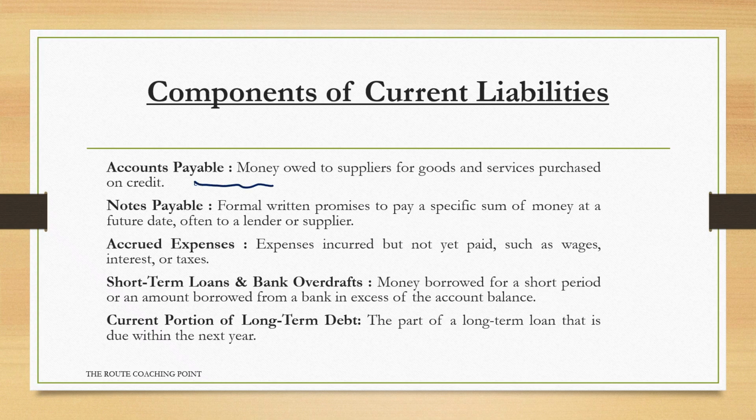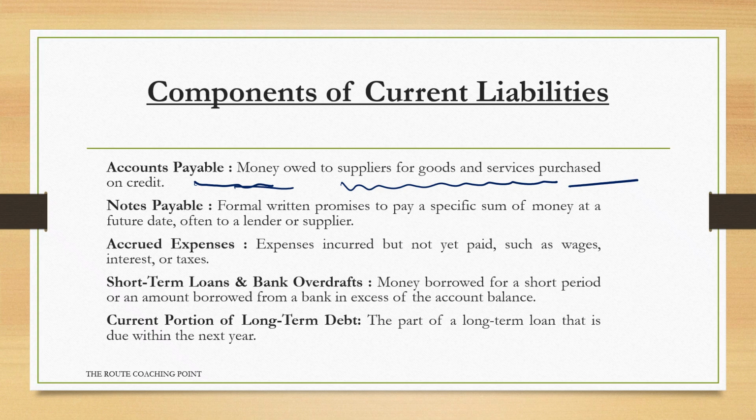Accounts payable. When we sell products on credit, we also buy products on credit. So our suppliers of goods and services that we purchase on credit, the amount is to be paid, so this comes under current liability.